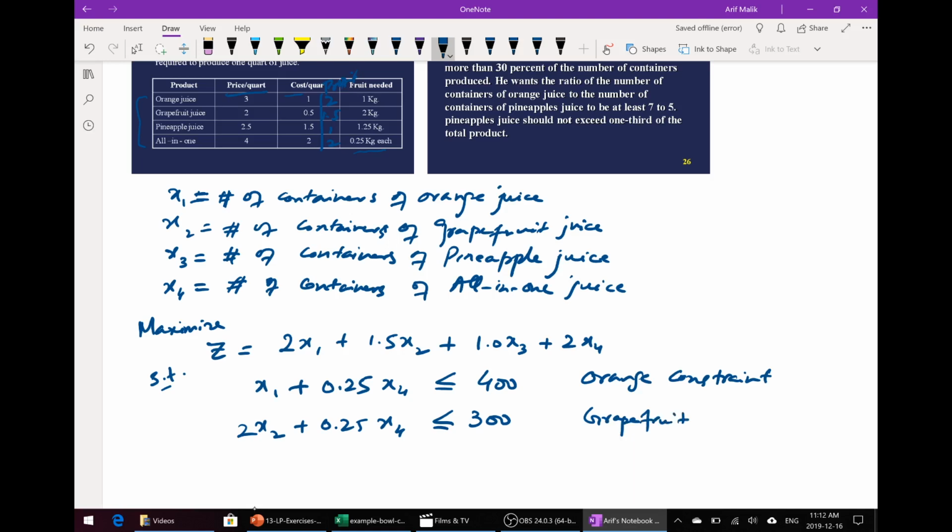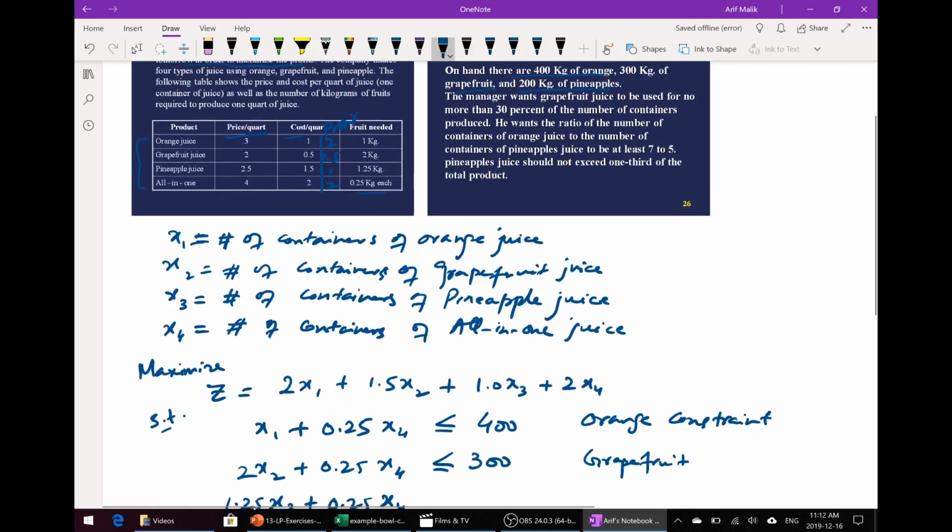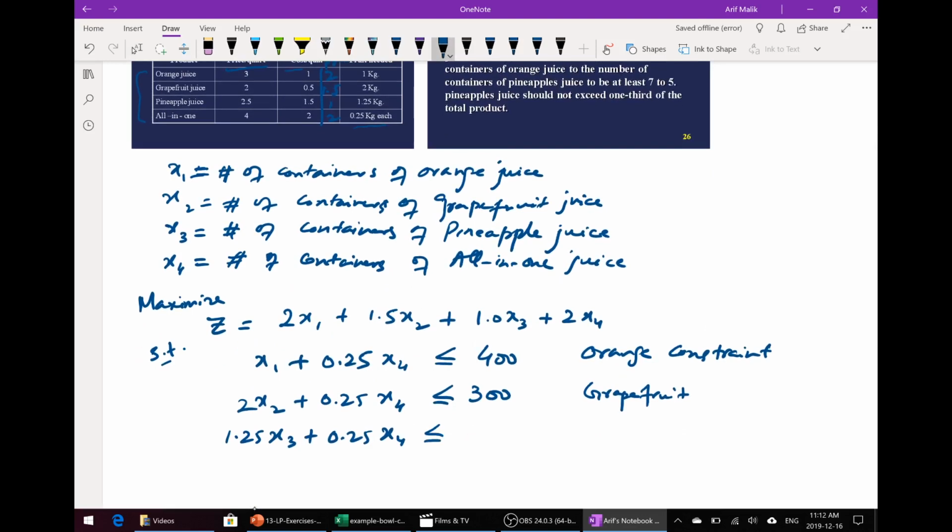And then we have 1.25 kilograms needed for pineapple, so 1.25x3, plus pineapple is also used in all-in-one, so 0.25x4, and the total pineapple available is 200 kilograms.